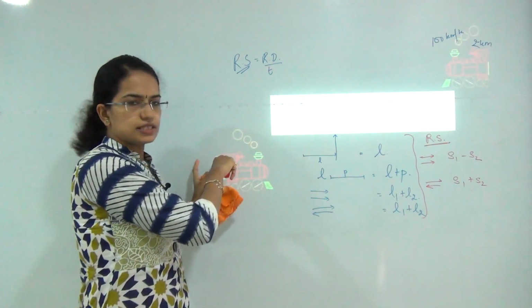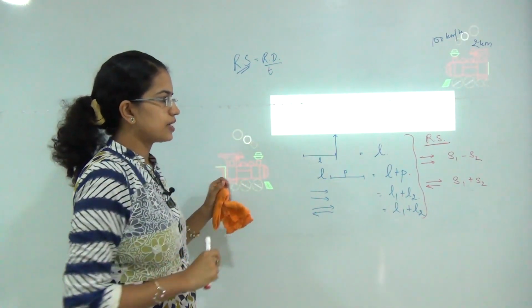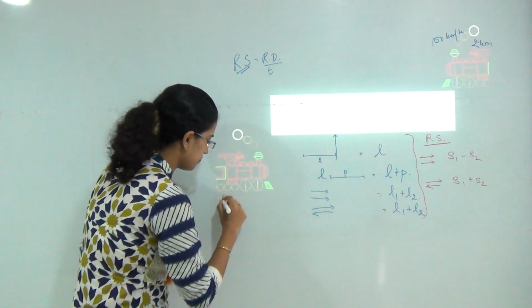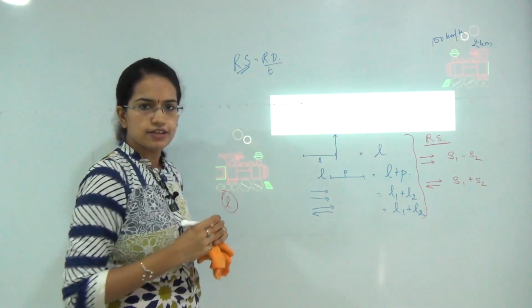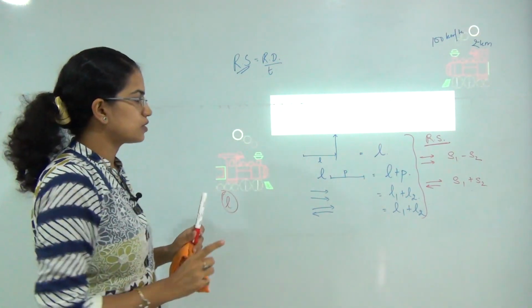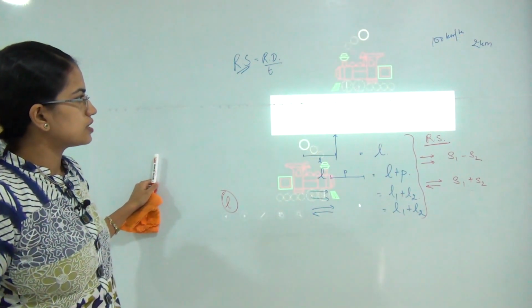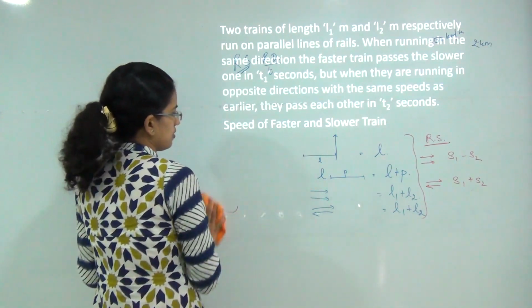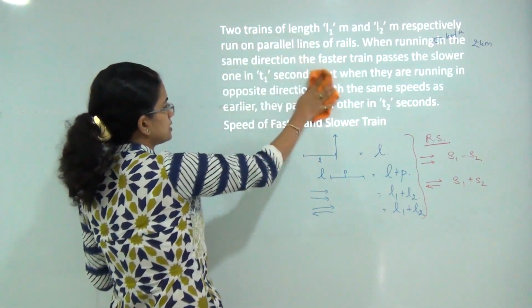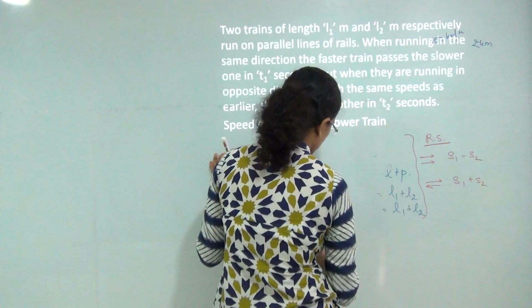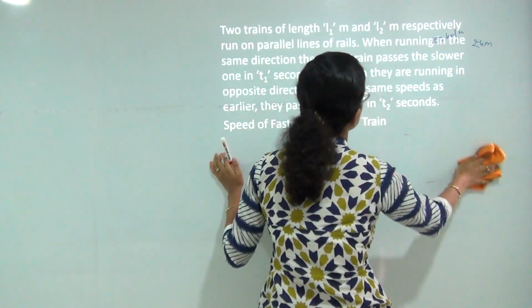Now in the previous question that we have done, we tried to find out the length of the train when the various parameters, the length of the platform and the time taken to cross the platform and the tree, were given. Now in this question, we would be finding out the speed of the faster train and the slower train. So we have a question here.